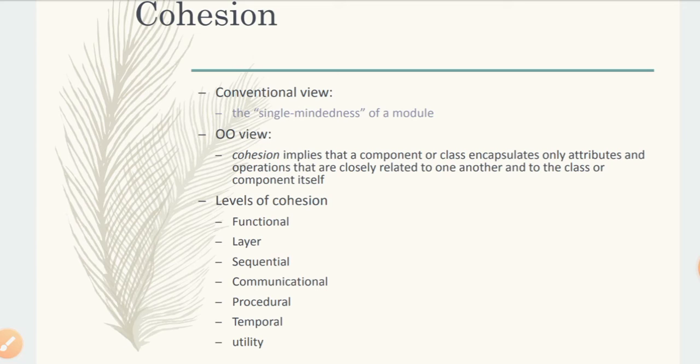Next are the levels of cohesion. These are the functional, layer, sequential, communicational, procedural, temporal, and utility. If it is functional, then you can do changes in your application before printing. You can do layering of your pages, one by one. You can do printing of your pages sequentially.